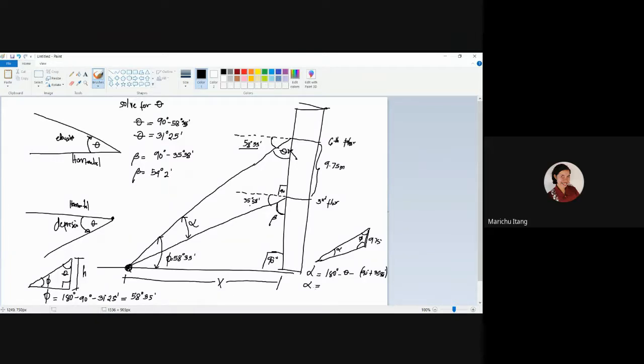That is 180 degrees minus 31 degrees 25 minutes minus 90 plus 35 degrees and 58 minutes. So alpha is equal to 22 degrees 37 minutes. So this angle here is equal to 22 degrees 37 minutes.